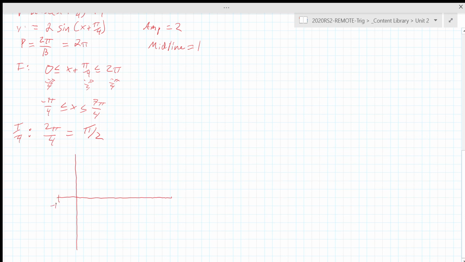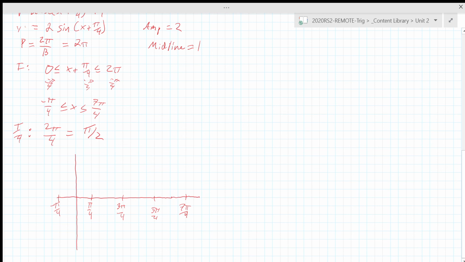We're starting at negative pi over 4, and then we're adding pi halves each time. So the next spot's going to be pi over 4, and then add pi halves to get 3 pi over 4, and add pi halves again, 5 pi over 4, and then we'll finish at 7 pi over 4.